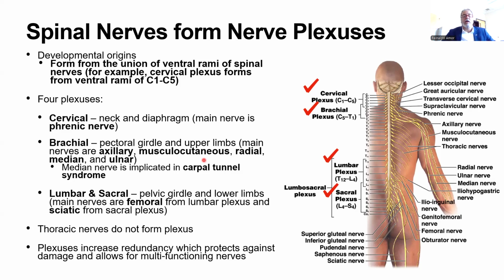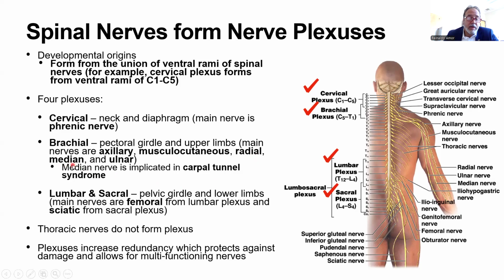So the musculocutaneous nerve, we can just say that it controls the biceps brachii, but the radial nerve controls the triceps brachii, the extensor digitorum, the extensor carpi radialis longus and brevis, the extensor carpi ulnaris, the extensor muscles. But it also controls a flexor muscle, like the brachioradialis.